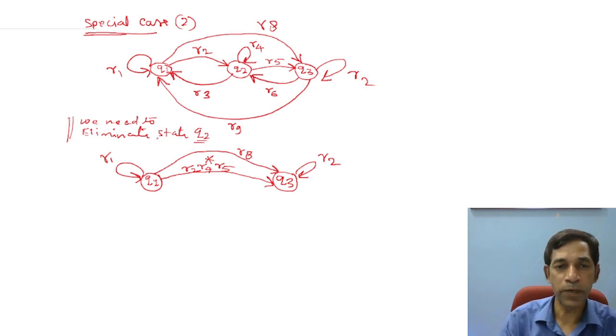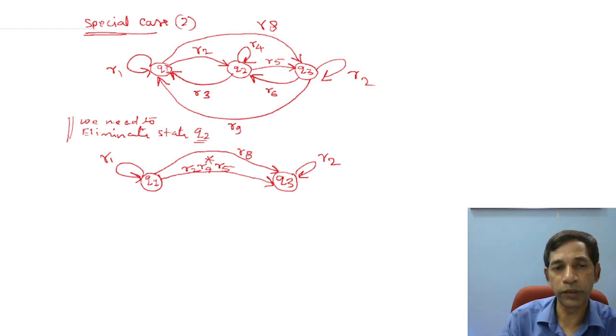Any other thing from Q1? So this is one outgoing edge you have from Q2, you are going to the state Q3. But there are other edges also from Q2. So you have to also consider this. From Q1 you are going to the state Q2, and from Q2 you have the regular expression R4, you can make the Kleene star, then instead of going to Q3 you are also coming back to Q1.